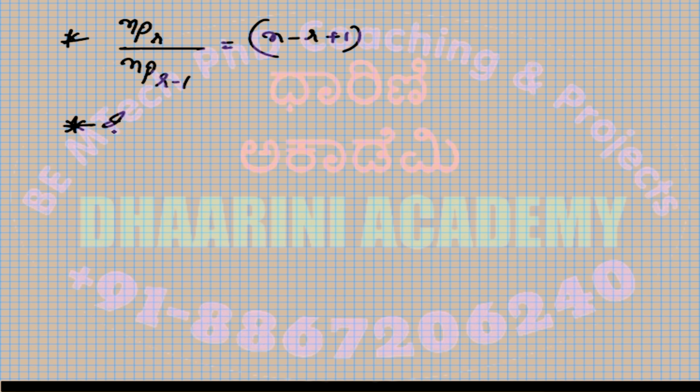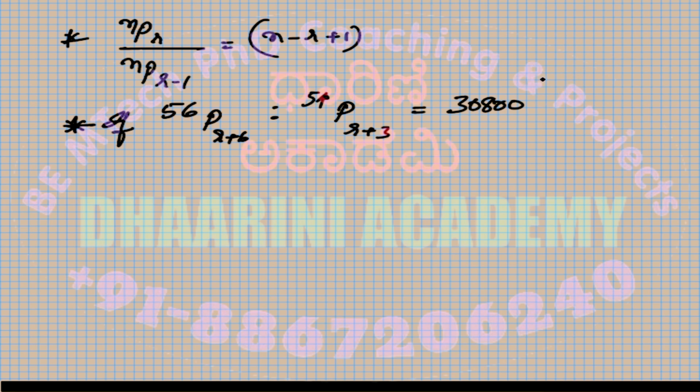So if 56P(r plus 6) divided by 54P(r plus 3) is equal to 30,800, all right, so find rP2. How much is it?